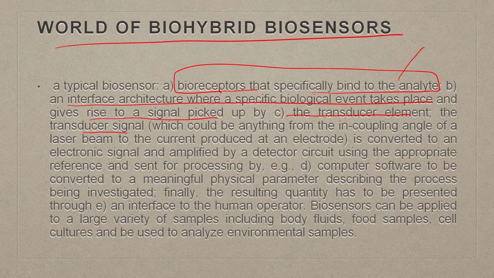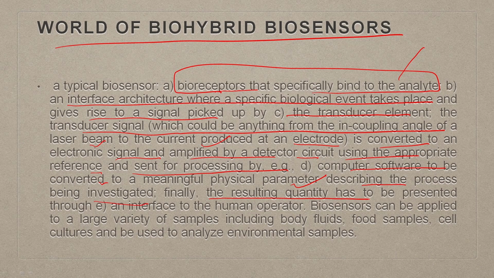That transducer signal, which could be anything from the incoming angle of a laser beam to the current produced at an electrode, is converted to an electronic signal, amplified by a detector circuit using an appropriate reference, and sent for processing, through computer software, to be converted to meaningful physical parameters describing the process being investigated.